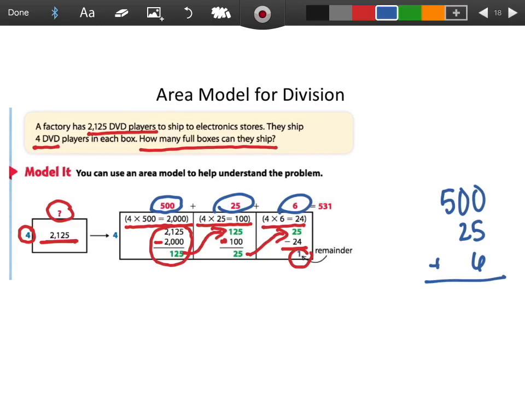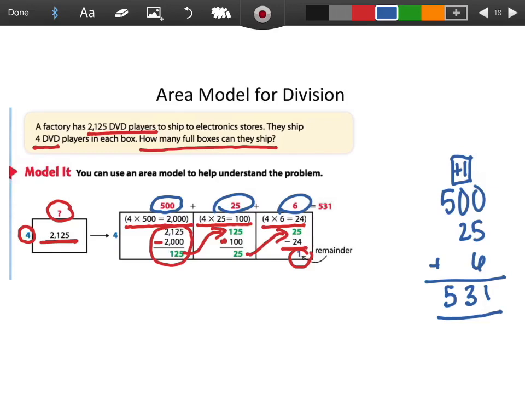Well, 5 ones plus 6 ones is 11 ones. I'm going to keep my 1 and regroup my 10. 1 ten plus 2 tens is 3 tens. And then 500 plus nothing is 500. So I was able to pack 531 full boxes of DVD players.